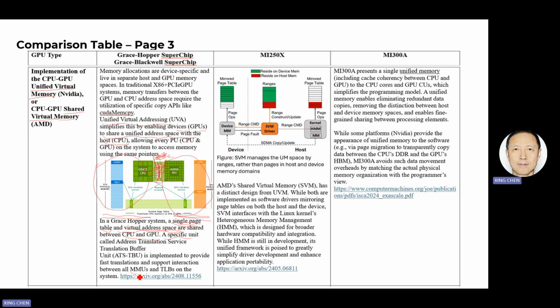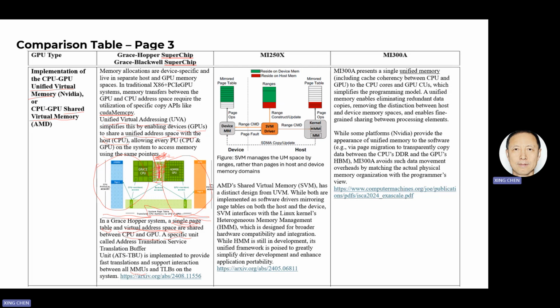Basically, you have two MMUs. You have one CPU MMU, you have one GPU MMU, and then you have this virtual address space. If you have to read the data from the memory, you have to translate this virtual address into a physical address, and the page table is the table you need to look up to do the translation.